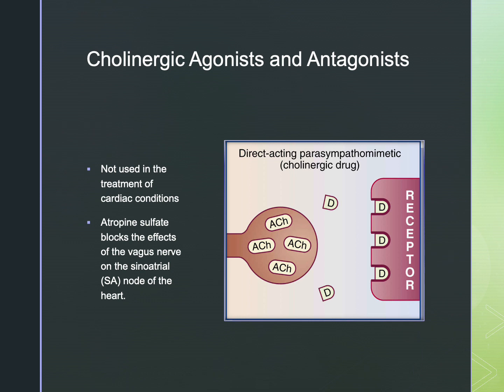Now, cholinergic antagonists, however, are used to treat cardiac conditions. And as you can see by the image on your screen, these drugs block the effect of acetylcholine. For example, atropine sulfate is used to block the effects of the vagus nerve. Remember, that's cranial nerve 10, and the SA node, which is the pacemaker of the heart. It's also used to treat bradycardia, and it will raise heart rate.